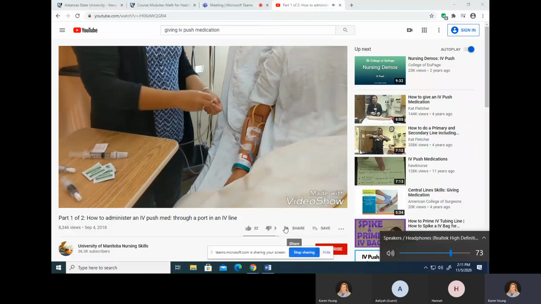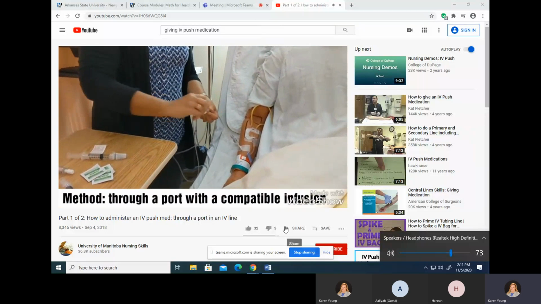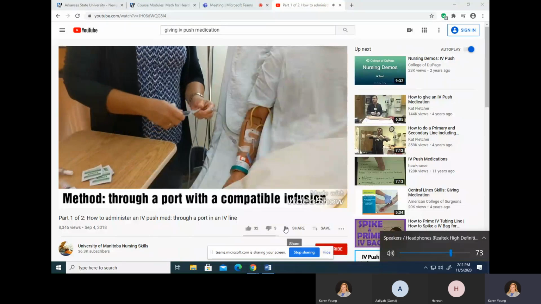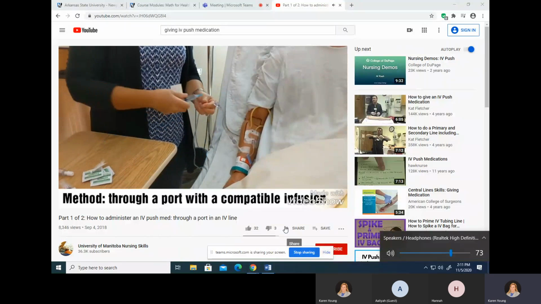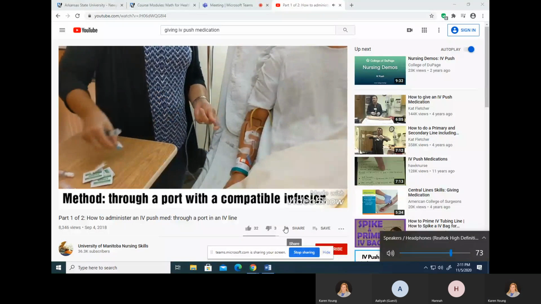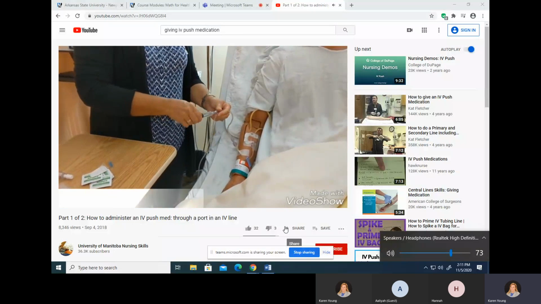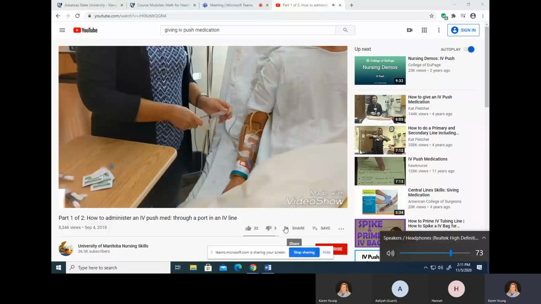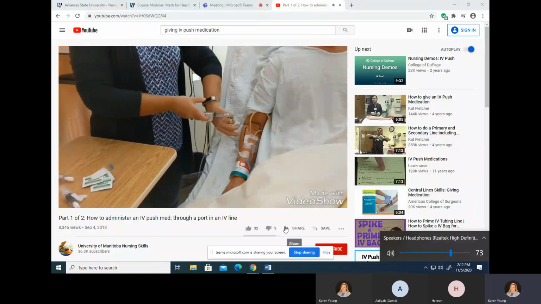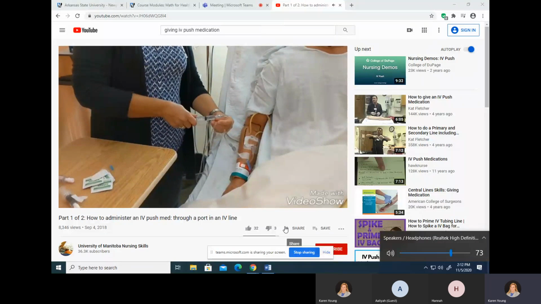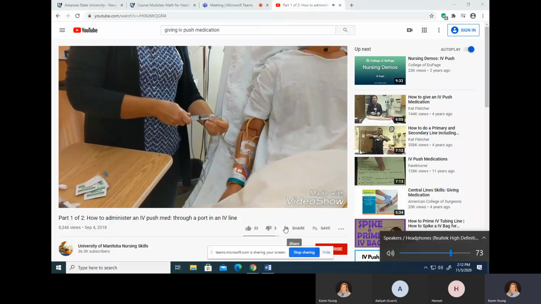So my IV is running, it's still infusing, okay, 30 seconds, I'm going to let it dry. Here's my syringe of morphine. I'm going to give 0.1 every minute for 5 minutes. And then put it in here. I'm going to have my watch with my minute hand. So I'm going to pinch my tubing.